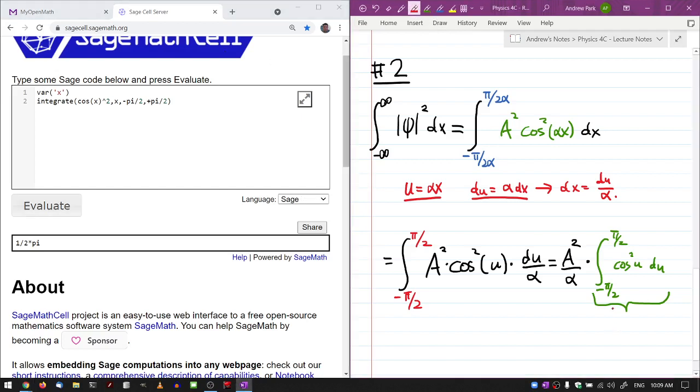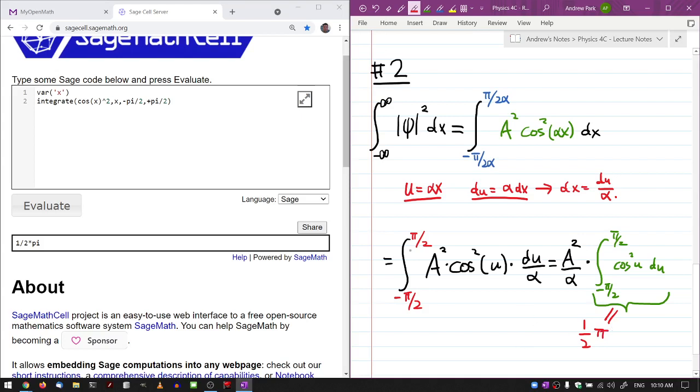If you had done this calculation in your graphing calculator, you would have gotten, I'm pretty sure, 1 over 2 times pi in the numerator.